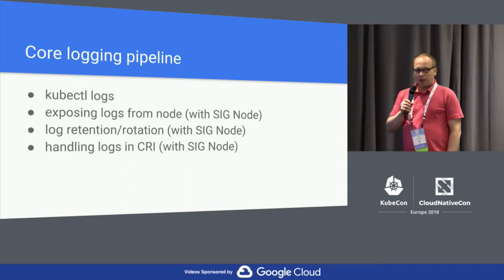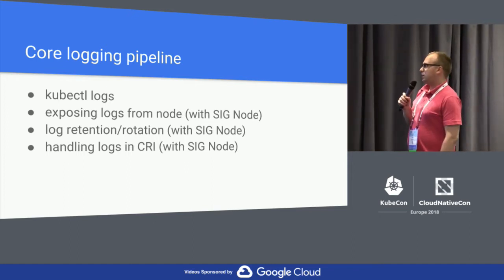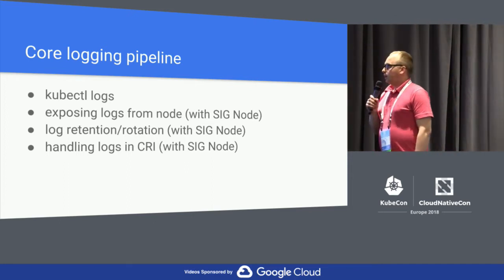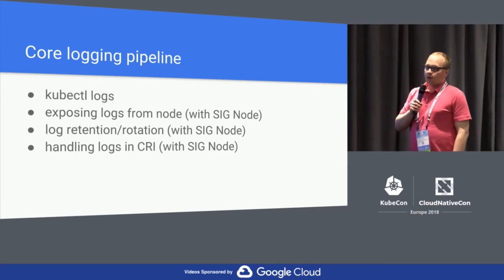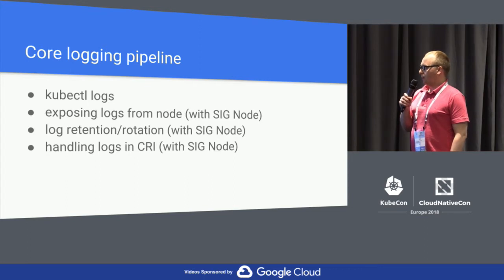So the core logging pipeline, again, is the kubectl logs command. There is a way of exposing logs from the node, which is through some HTTP handlers exposed through Kubelet.